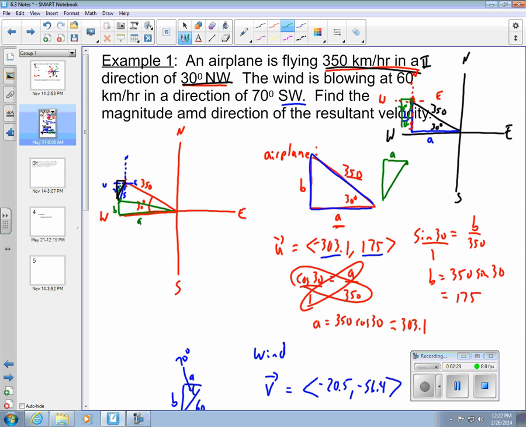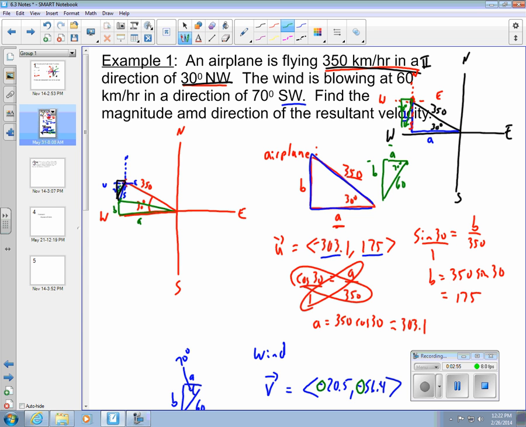So this is my A, this is my B, this is my 70 degrees in there. And it says 60 kilometers per hour. So taking this green portion I drew out there and putting it here, again, you can tell A here is going to have to be negative, and B here is going to have to be negative. And that's exactly what happened for the wind down here. A here was negative, and B here was negative.